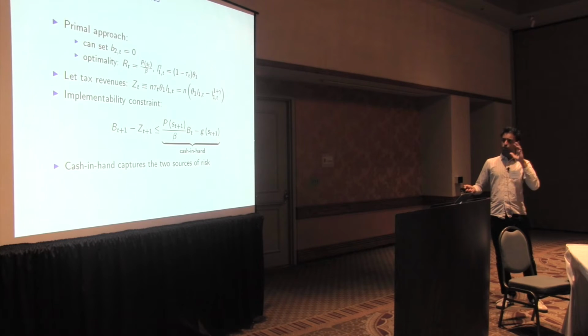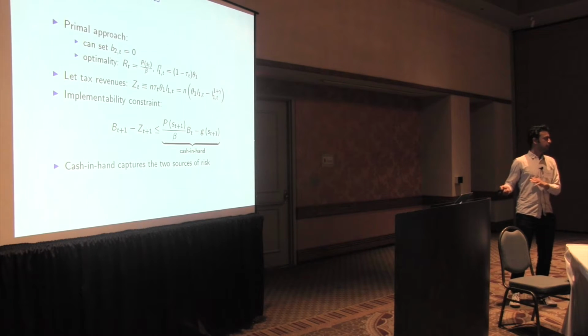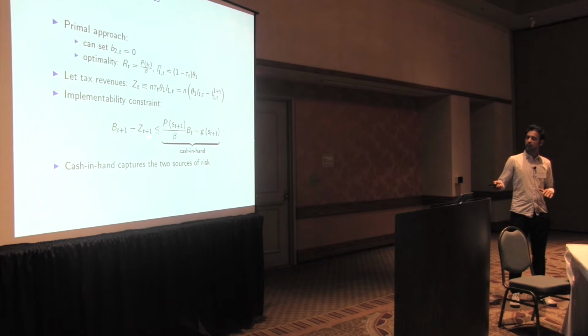So just to fix your ideas, why is this an implementability constraint? It works this way. If the government knows the total tax revenues, you can back out the labor supply. If you know the labor supply, you know the total output. You know the total output, and you know how much the government is saving. So you know the tax revenues, how much the government is saving, how much it's spending, and the returns on the existing bond holdings.